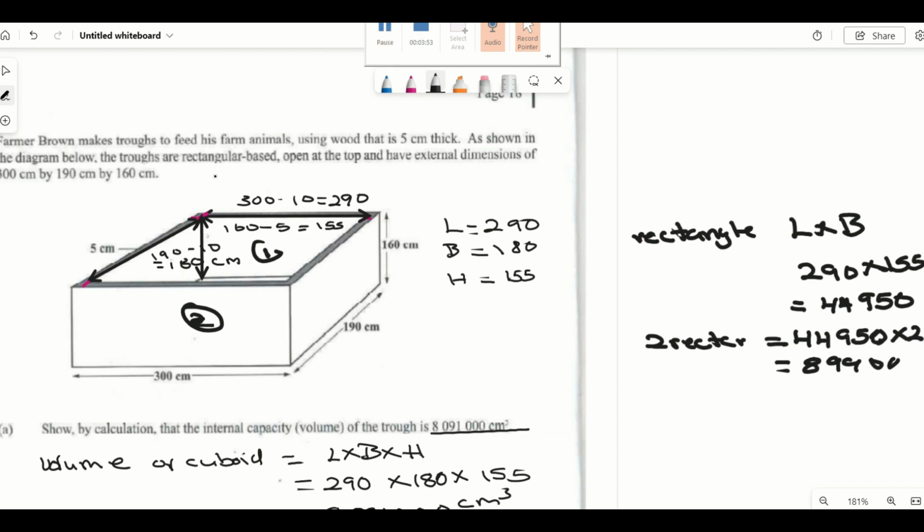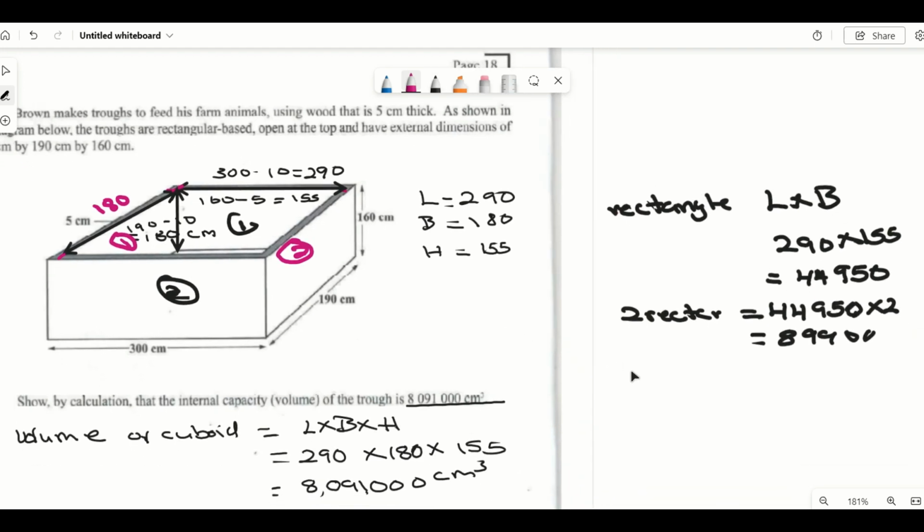Right? Then we have the next two rectangles. This rectangle here has a length of 180 as the internal, and a width of 155. We have one, two, right? Those two. So again, we know that our area of a rectangle is length by breadth. But in this case, our length is 180 and our breadth is 155. Breadth or width, whichever one you want to put.